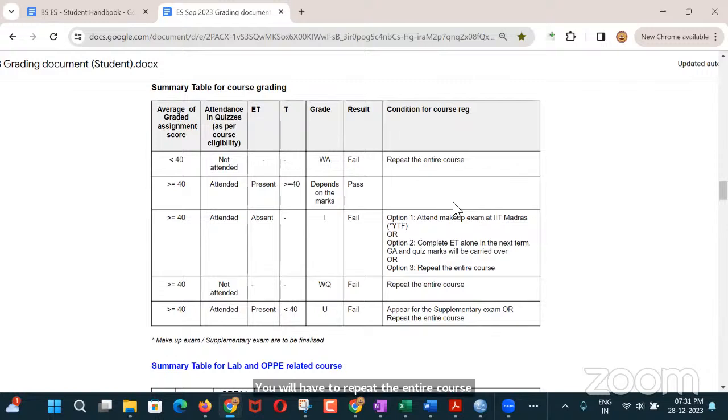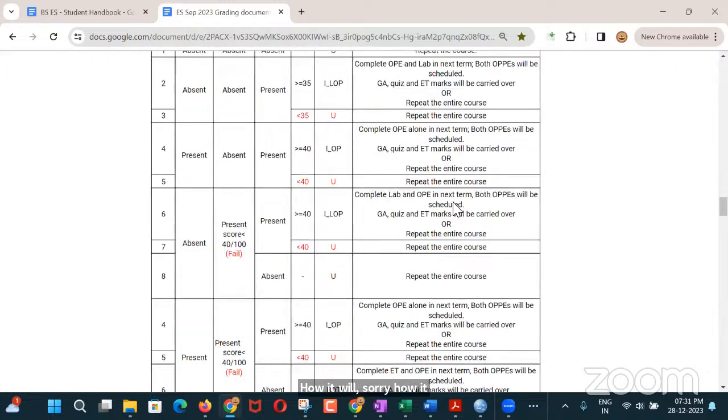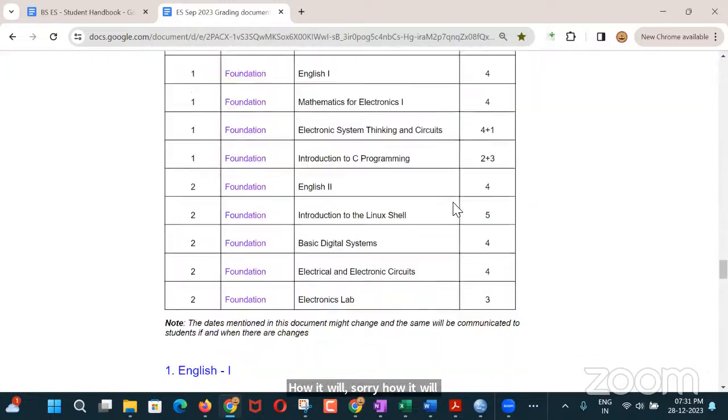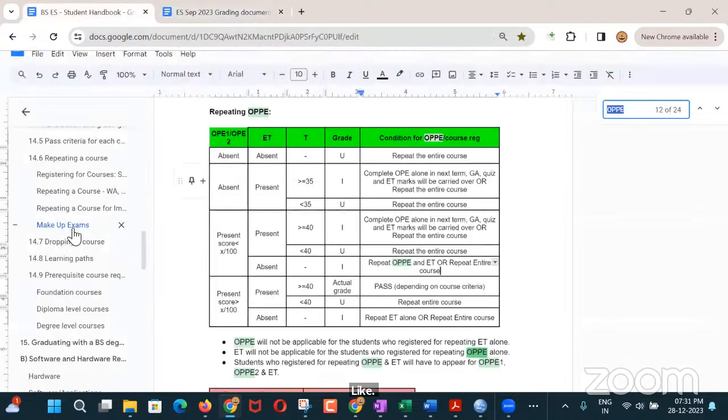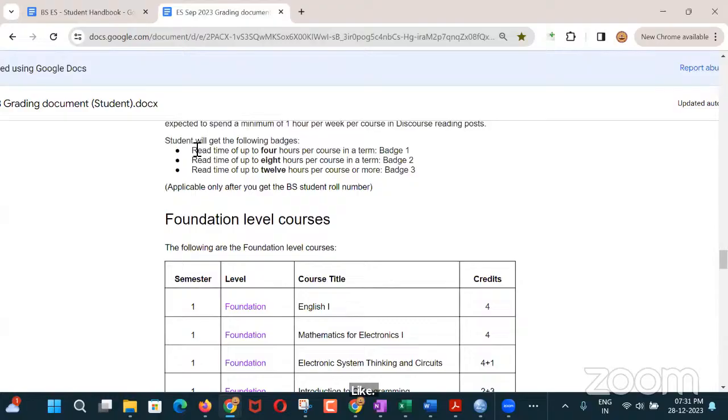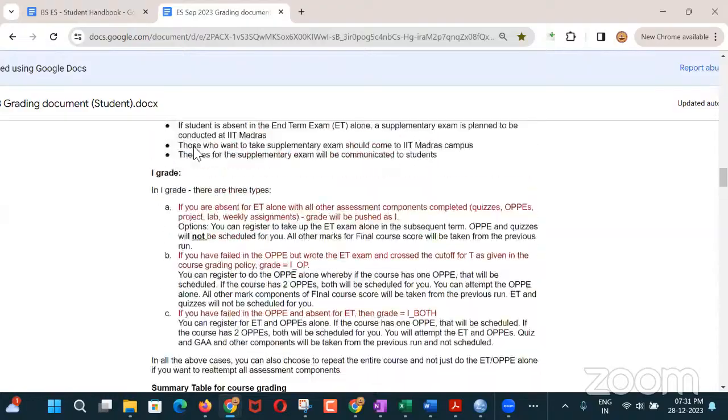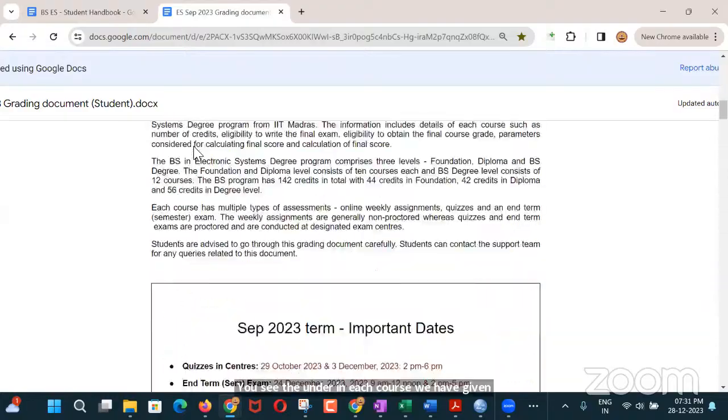So how will it be decided, sir? How can I calculate the total score? You can see that in each course. Let me go back to this grading. Under each course we have given how the calculation is done.